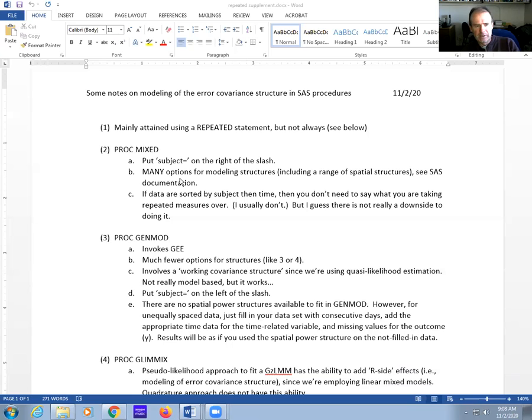We know that in mixed, if you look at the SAS documentation, there's actually a lot of repeated structures, a lot of R structures that you can model. And even just the spatial structures alone, there's at least 10 different spatial structures or somewhere in there. And there's a lot that we haven't talked about.